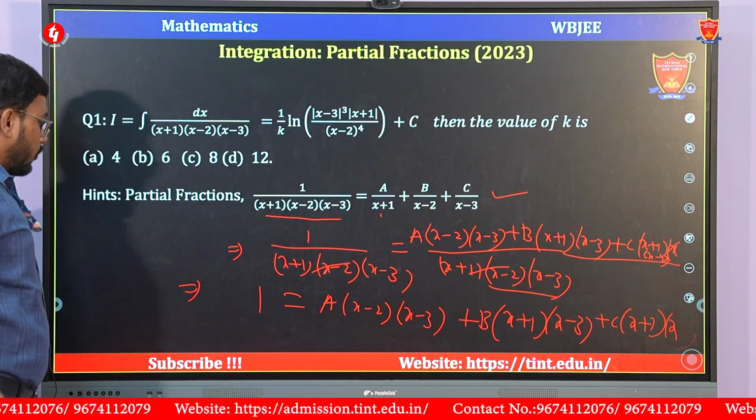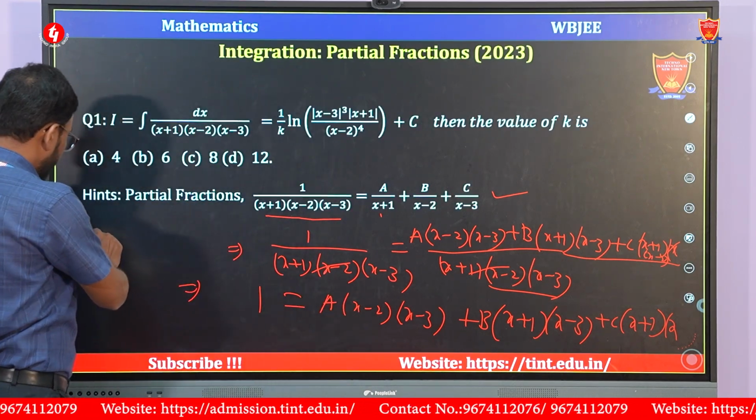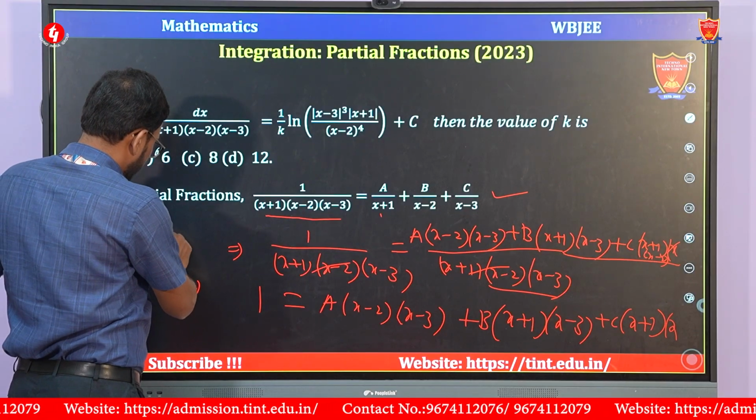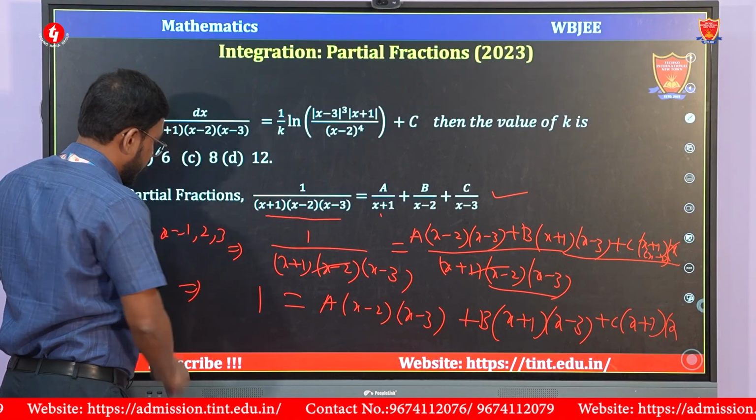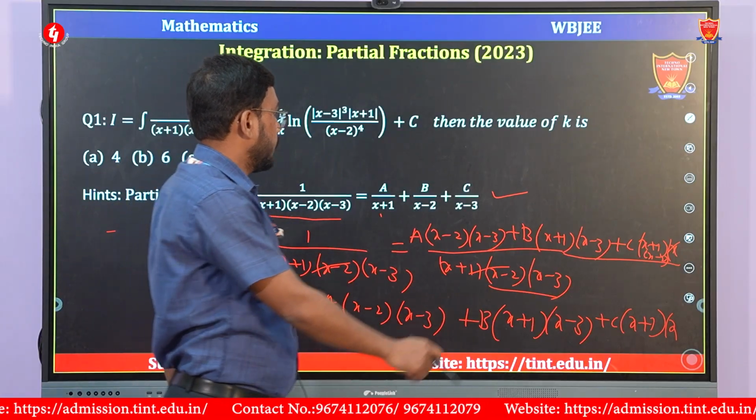Okay. So, if we put x as 1, 2 and 3, you will get these three constant terms a, b and c.